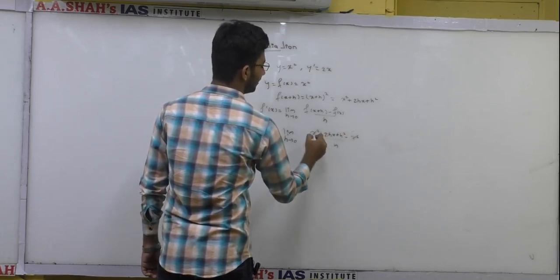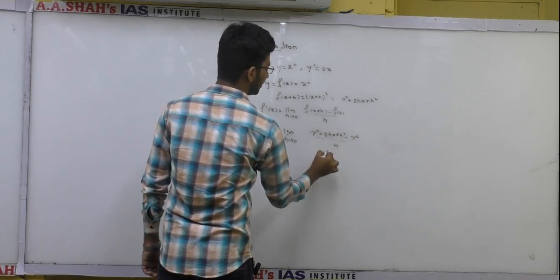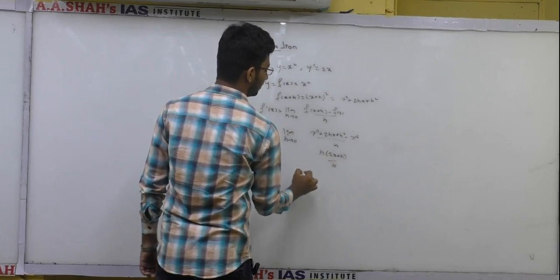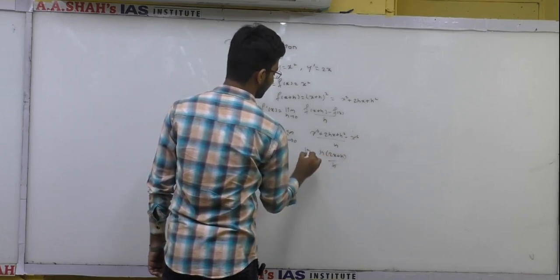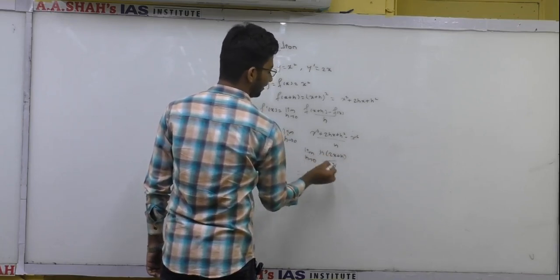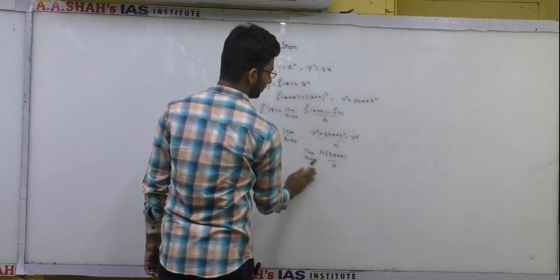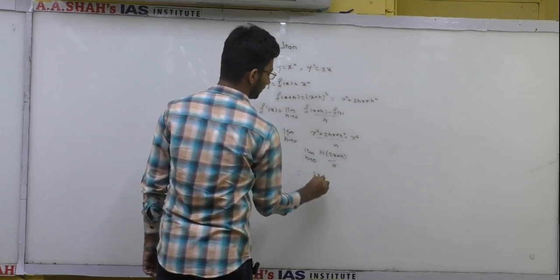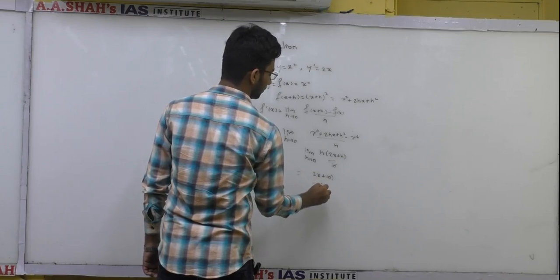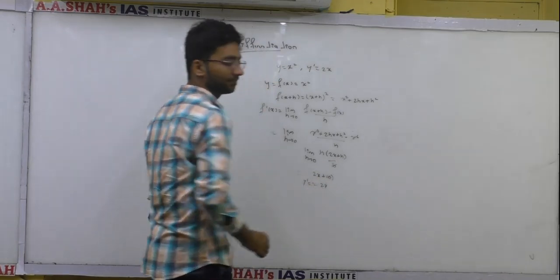This will get cancelled, h will be common, so h times 2x plus h upon h, this will get cancelled. So 2x plus h, now we can put the limit because we don't have h in the denominator, so putting the limit, I am getting 2x plus h, which is 0. So 2x is the answer. Fine.